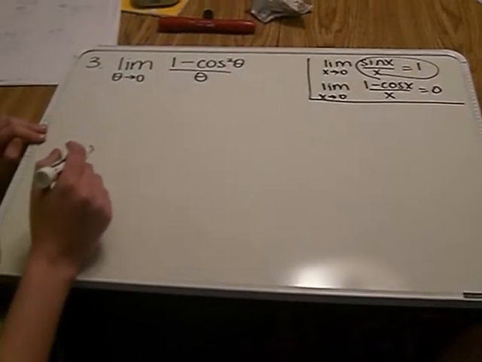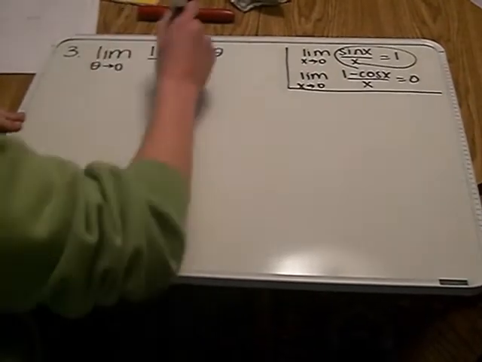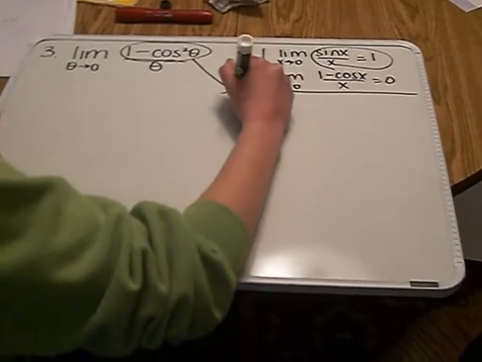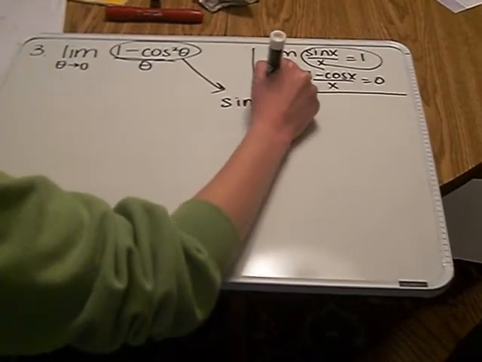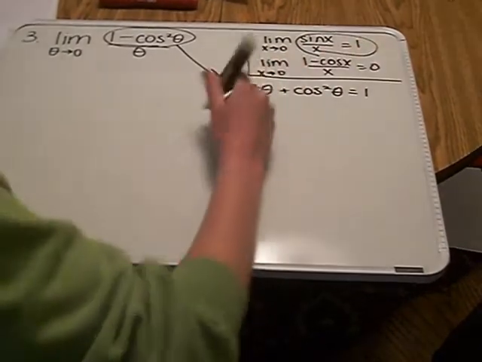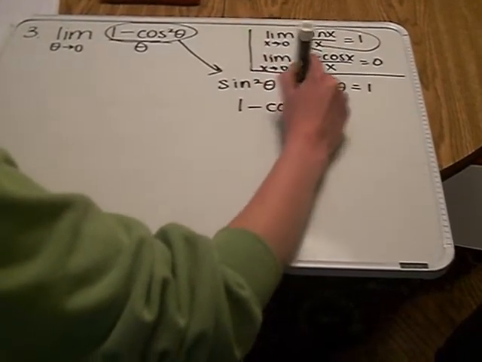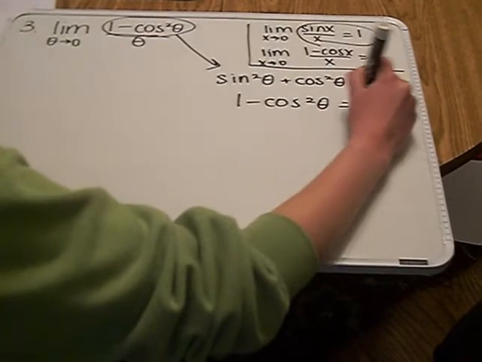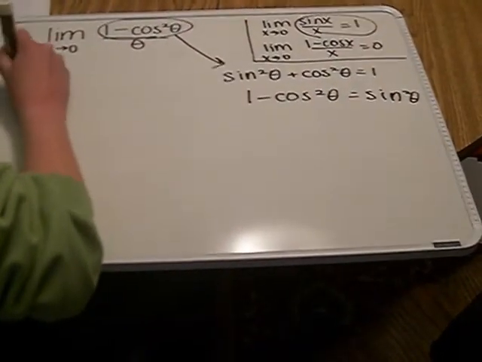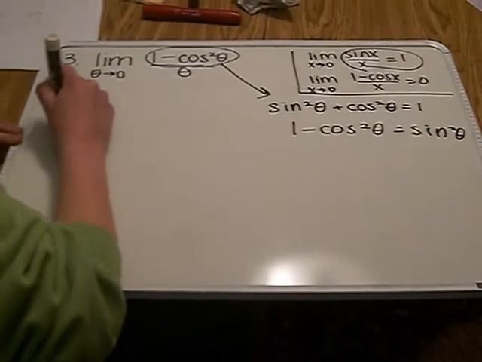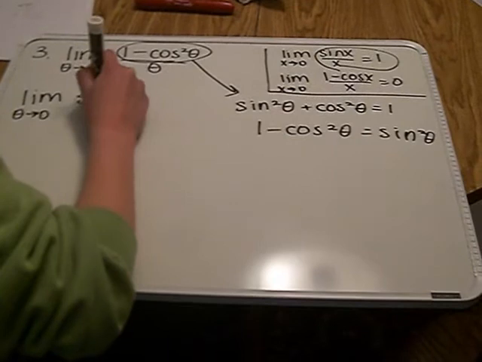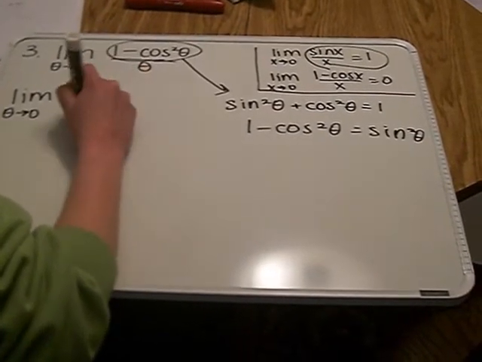Alright, the first thing that I notice about this problem is that right away you can simplify this top part. Remember again, sine squared theta plus cosine squared theta is equal to 1. 1 minus cosine squared theta is equal to sine squared of theta. Therefore, we can rewrite this problem as the limit as theta approaches 0 of sine squared theta over theta.